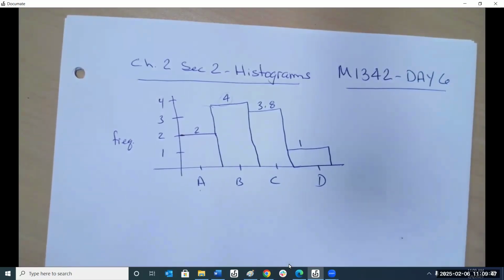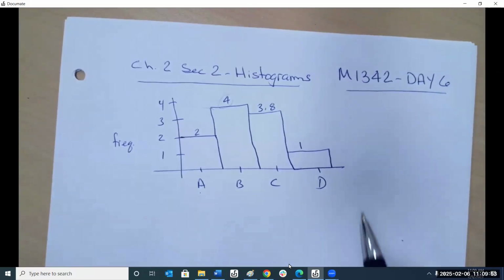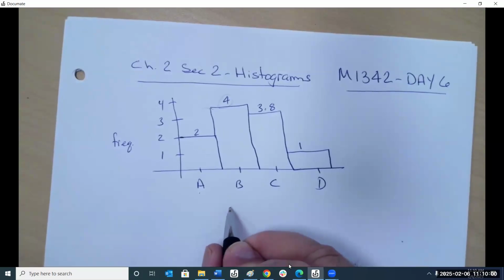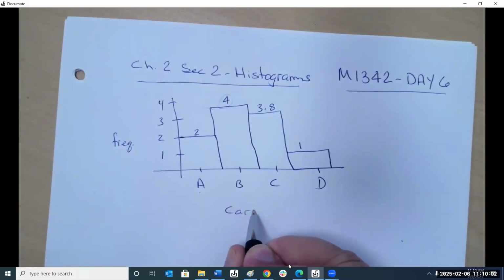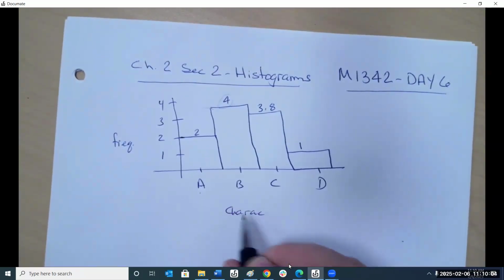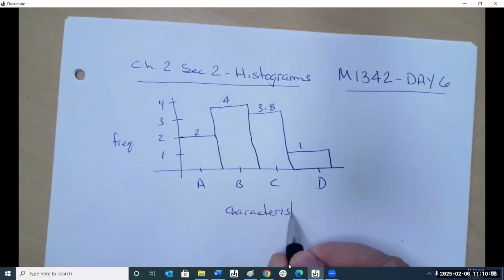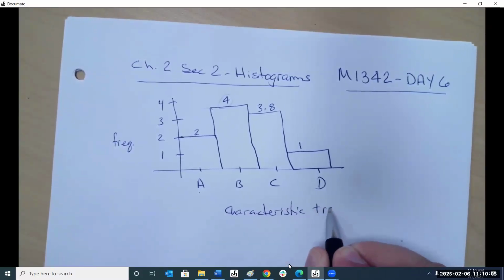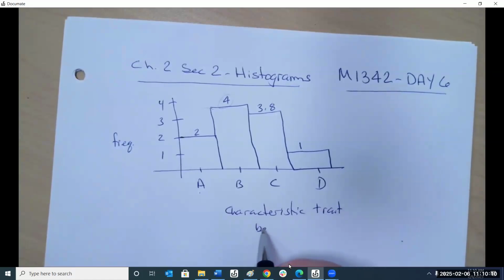Whatever characteristics you're looking at, those are your horizontal axis. Because the vertical axis is the frequency. So these are your characteristic trait being observed.